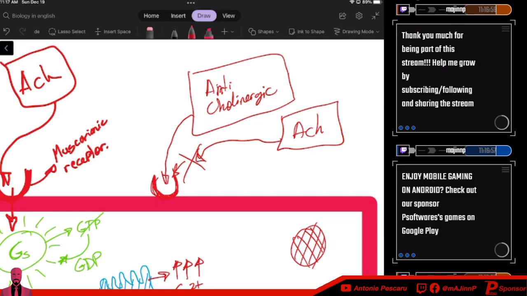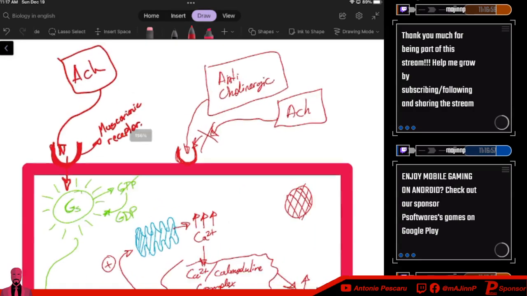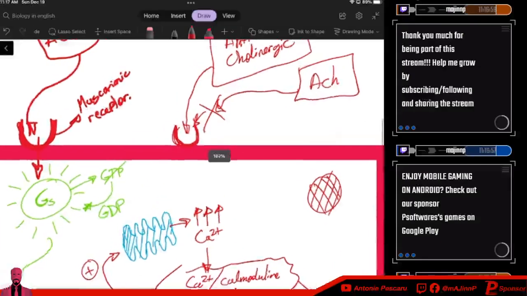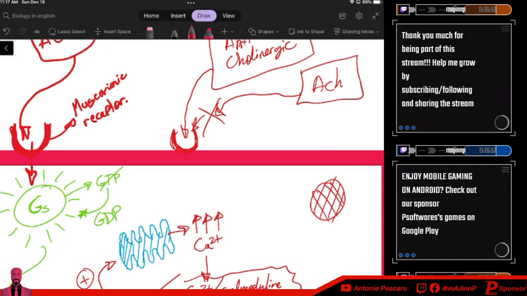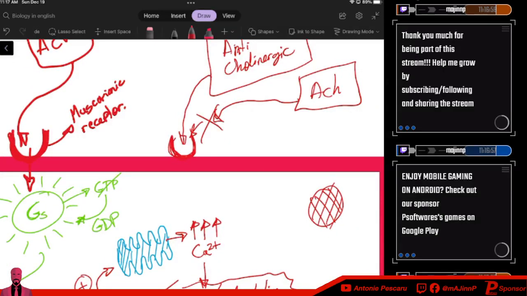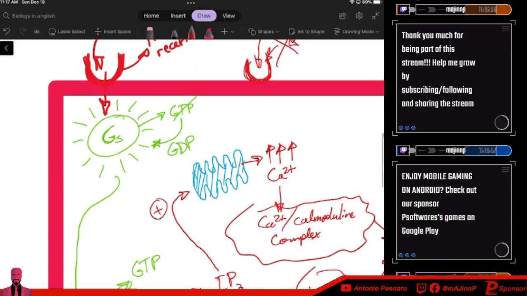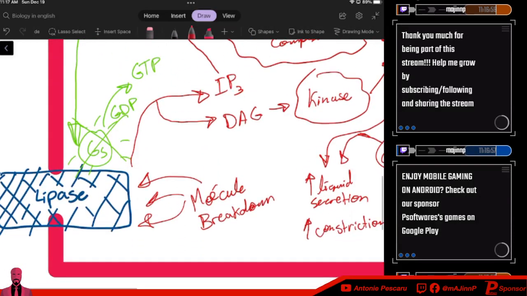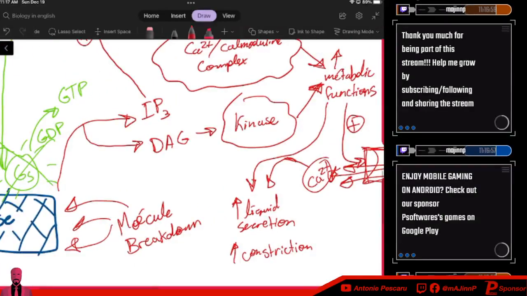And whoever says anticholinergic also says inhibition of the ACH, which prevents it from doing its effect, meaning that if we take this all over again, you can now finally explain that the anticholinergic inhibits the ACH from activating its effect, meaning its second messenger system, activating the G-stimulatory protein that cannot activate its lipase in order to do molecular breakdown into two specific molecules.